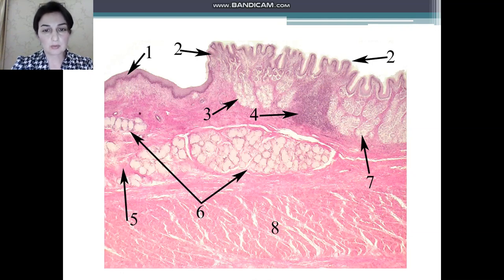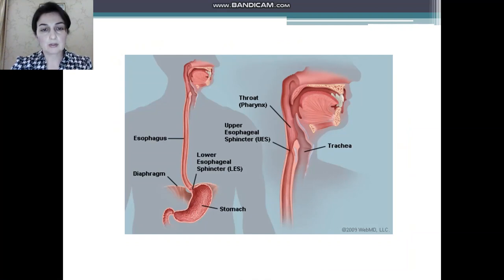As we told you, these cardiac glands of the esophagus are present in just two locations: where the pharynx continues into the esophagus and where the esophagus enters the stomach. These are the narrowest portions of the esophagus.